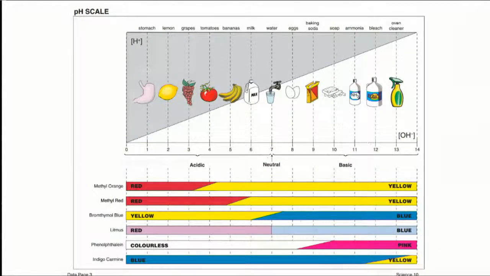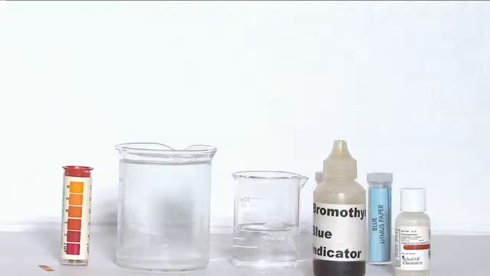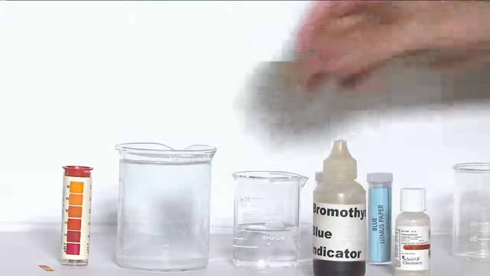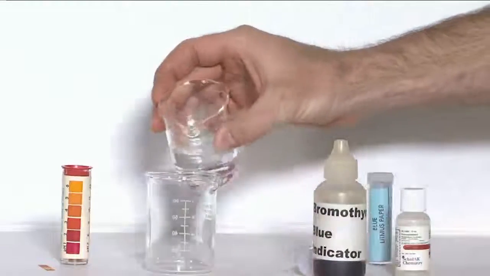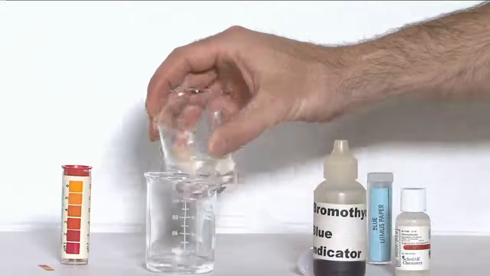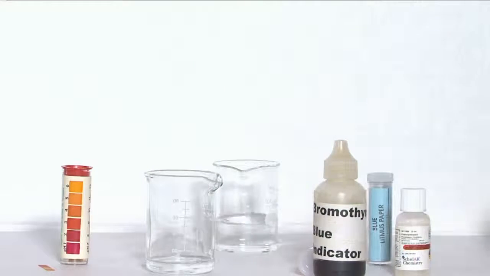I'm going to jump back over here. Let's maybe do our bromothymol blue first. I'm going to grab 2 just empty beakers. All right, so I'm going to put a bit of an acid into this guy, and then see if I can get a bit of a base going in this one. Mix this up a bit.